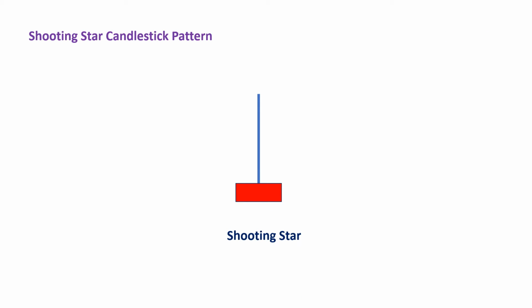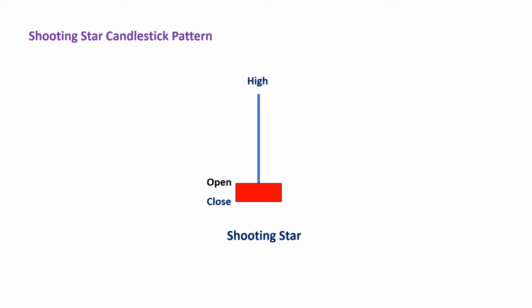The second crucial pattern frequently utilized is the shooting star. It displays a small body with an extensive upper shadow and typically emerges after an uptrend. The open and close prices are very close to the bottom of the candlestick. This pattern serves as a bearish reversal signal typically seen at the top of an uptrend.